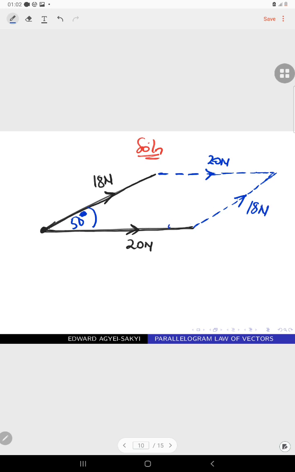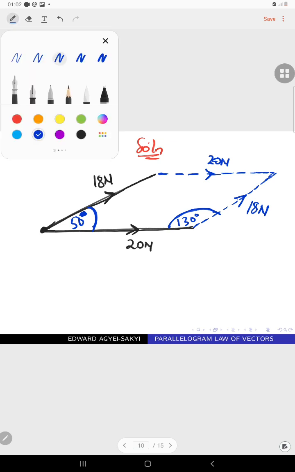And of course, this angle and this angle are supplementary, that is, they add up to 180. So 180 minus 50 will give us what? If here is 1, so that when you add the 2, you get 180 degrees.